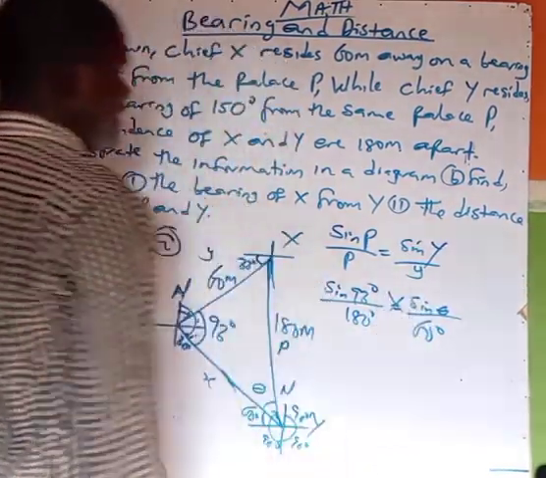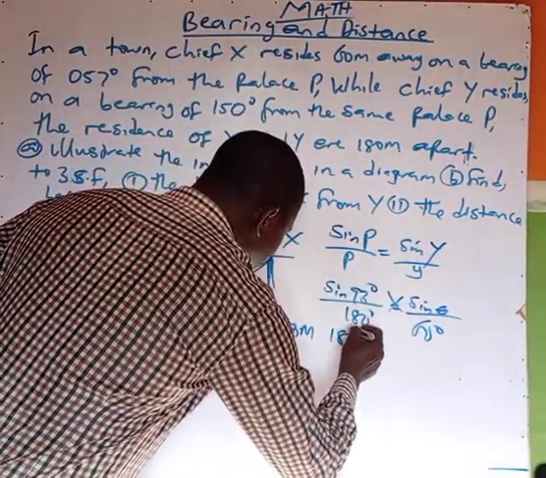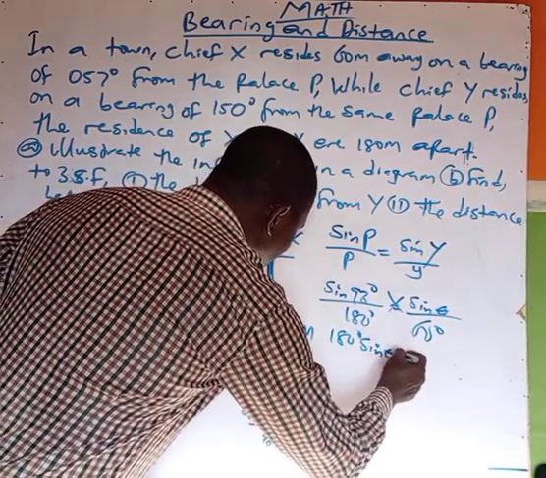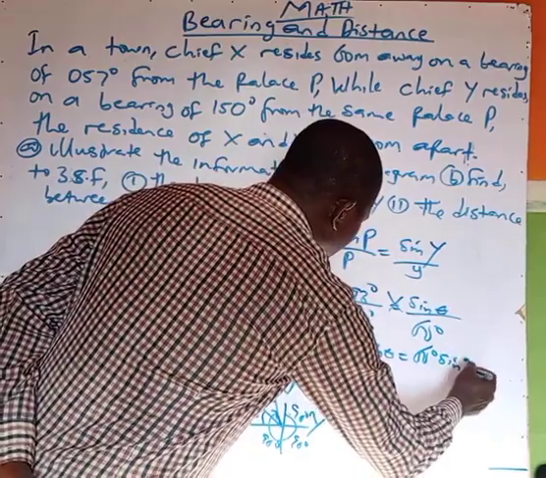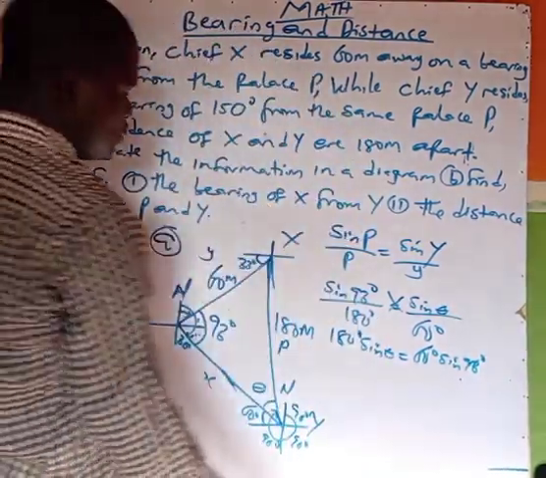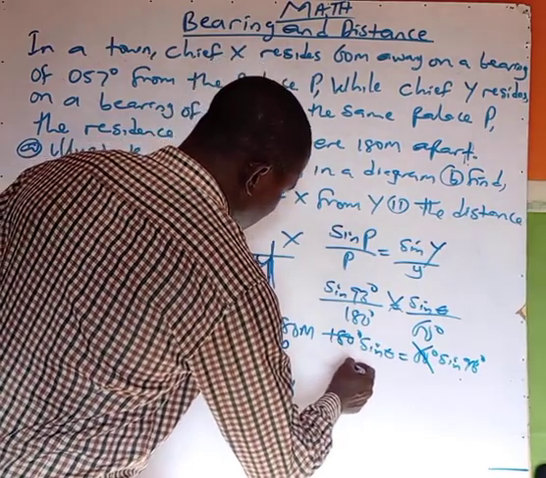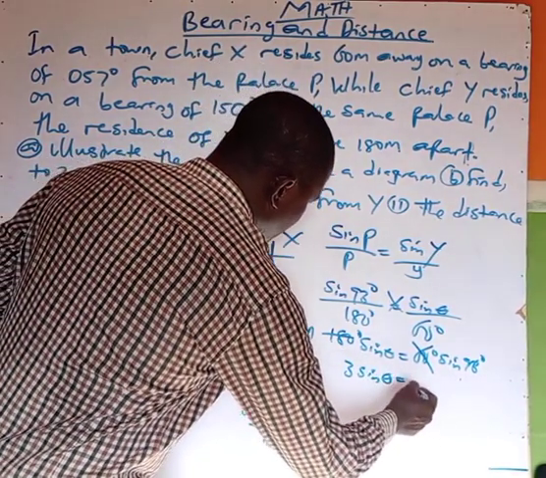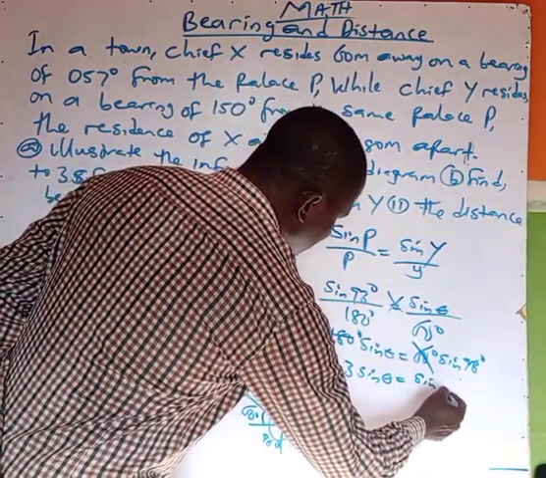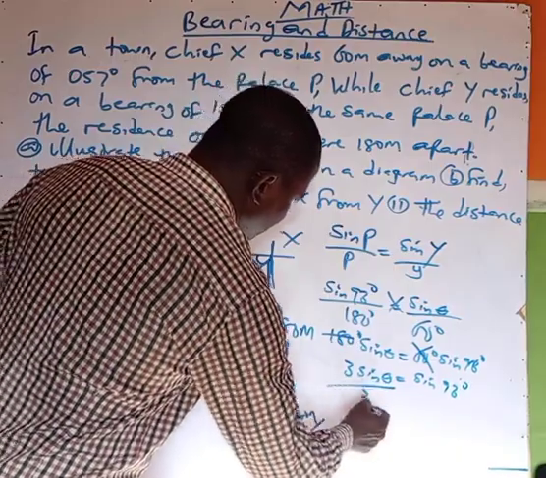If you cross multiply, you will have 180 sine theta equal to 60 sine 93 degrees. So the 60 here can cancel this 60. So you have 3 sine theta equal to sine 93 degrees. So you divide both sides by 3.